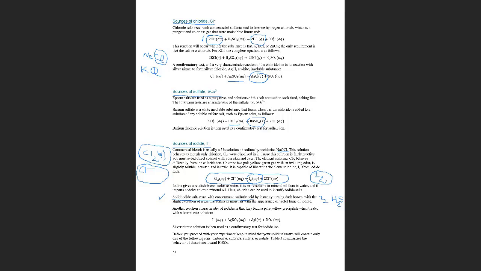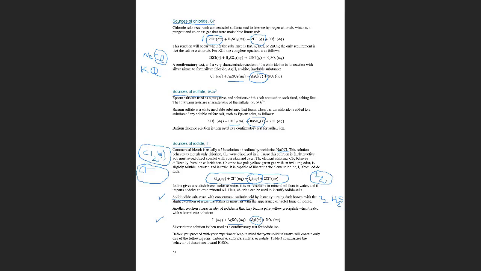So this is the second reaction that they are describing here. And the last reaction that they are giving us to learn is the reaction with silver nitrate. And this is easy to remember because it forms a pale, this is a solid, and the color is like a pale yellow precipitate.